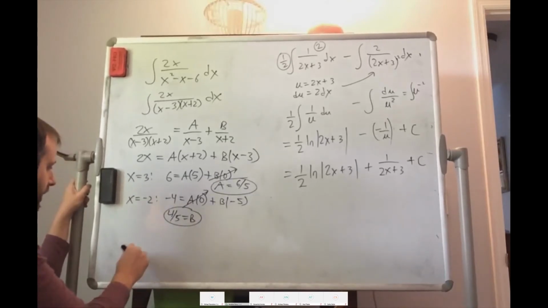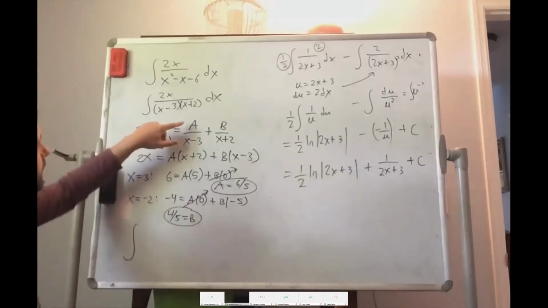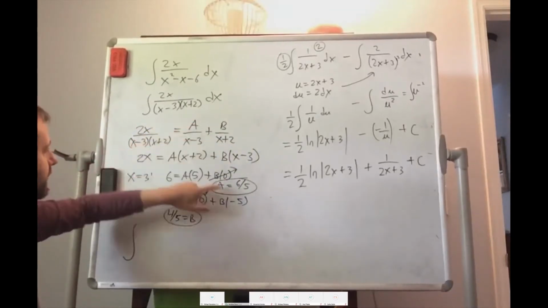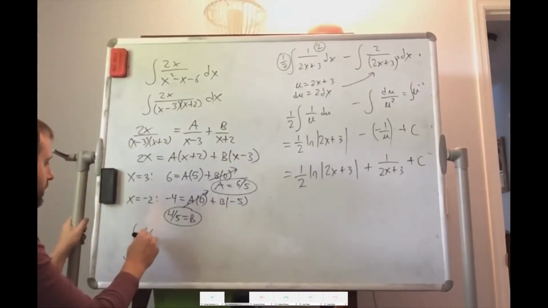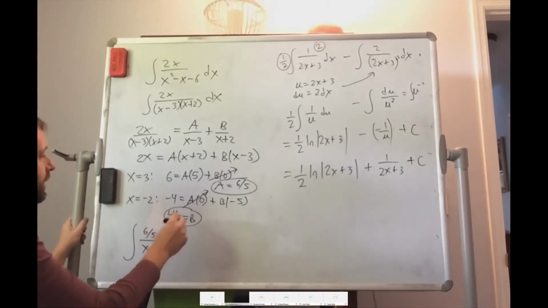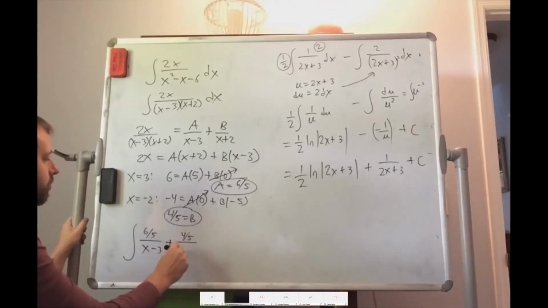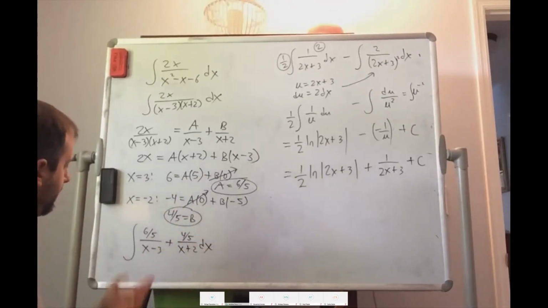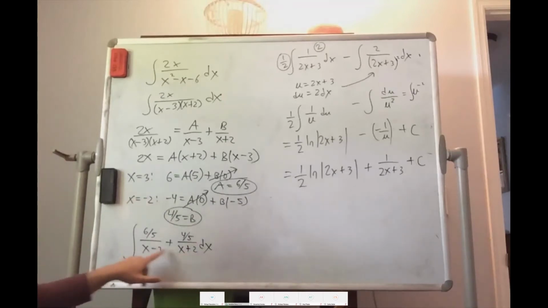So now my integral becomes the integral of this decomposition, but I now know a is 6/5. So 6/5 over x minus 3 plus b, which is 4/5 over x plus 2 dx. And now these two are actually very simple little integrals, right?